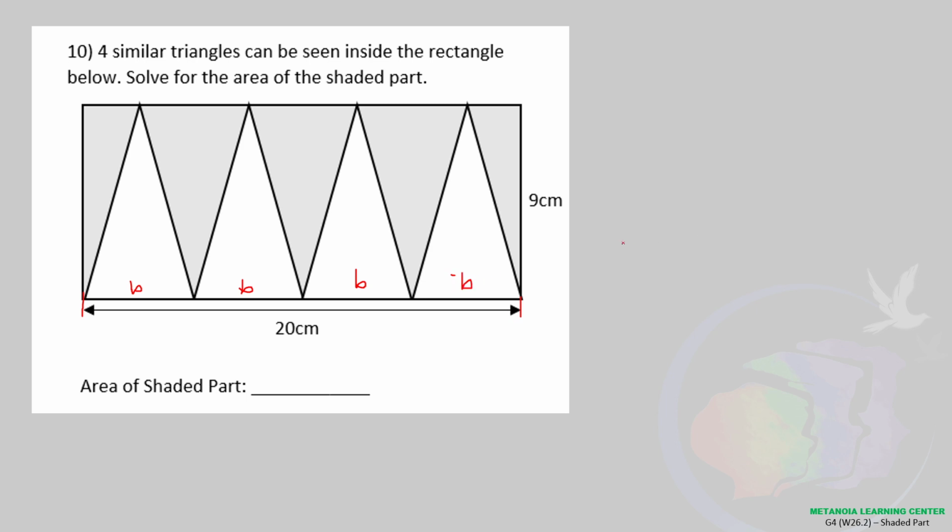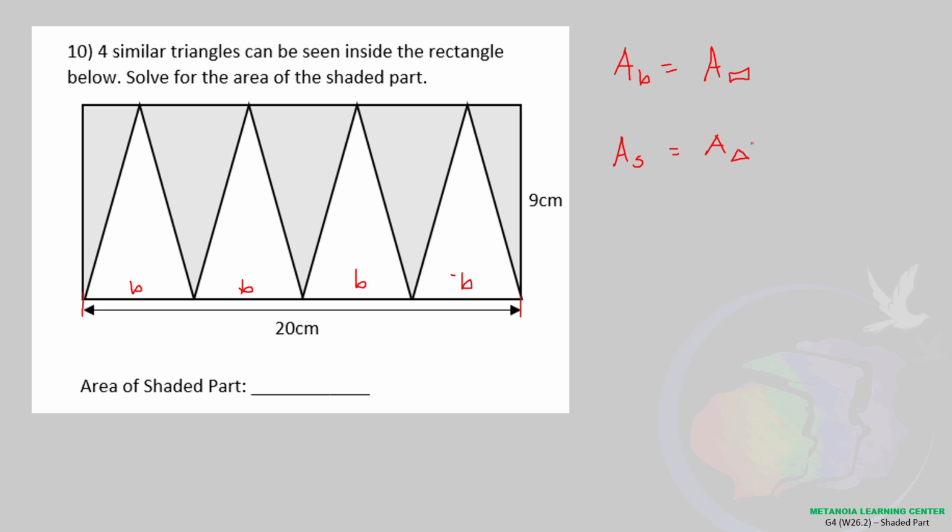This might be confusing. Again, obviously, you have the bigger area here, which is the area of the rectangle. Now, you also have the smaller area here, which is obviously the area of the triangle.